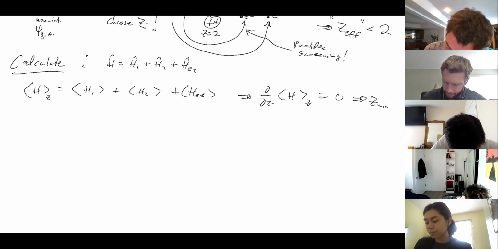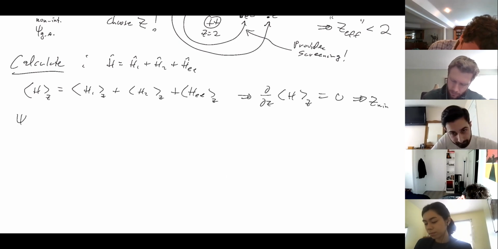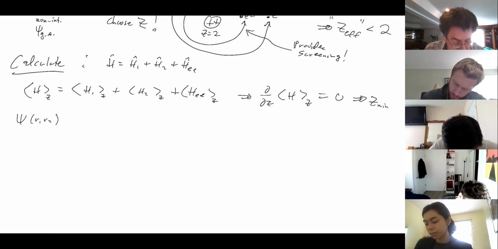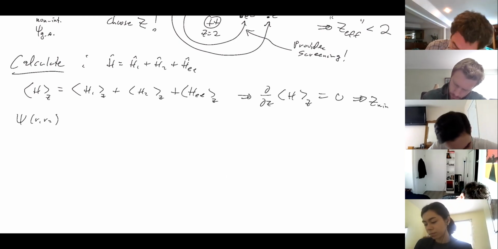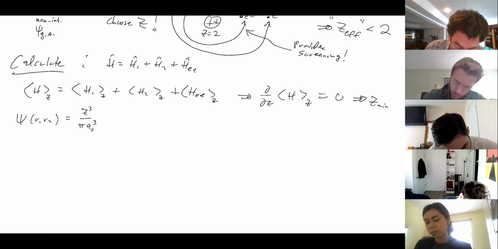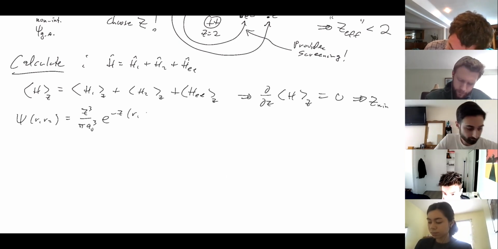But now let's notice something. Let's notice that our wave function psi of r1, r2 is this function. It's equal to z cubed over pi a naught cubed e to the negative z (r1 plus r2).